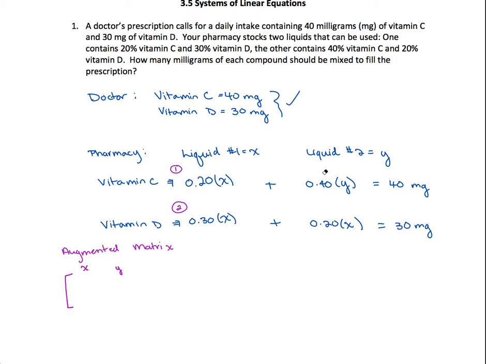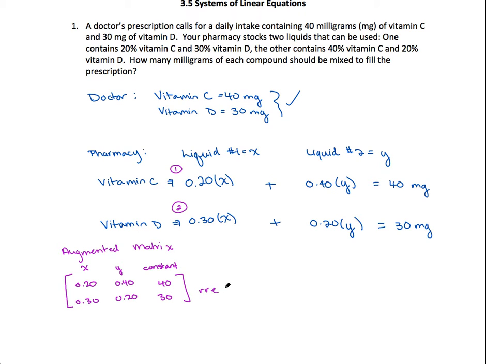I just realized I have a typo here; this should be y. And then, of course, we have our constants in the last column. So we've got 0.2, 0.4, and 40, and we have 0.3, 0.2, and 30.